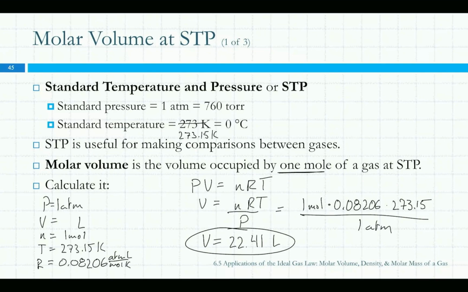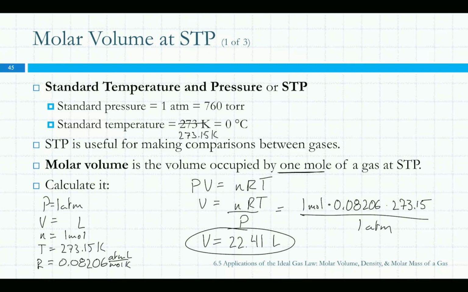So remember, we're talking ideal gases. This is any gas. For literally any gas, as long as it's at low pressure and high temperature, it'll act ideally or very close to. 1 mole of that gas will have a volume of 22.41 liters. Doesn't matter what it is.